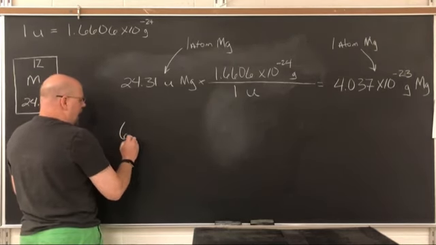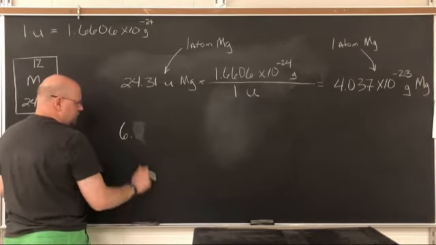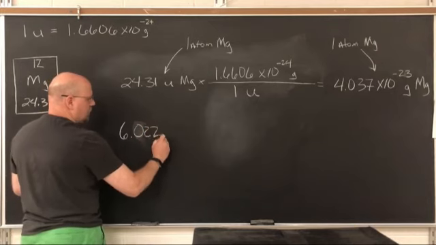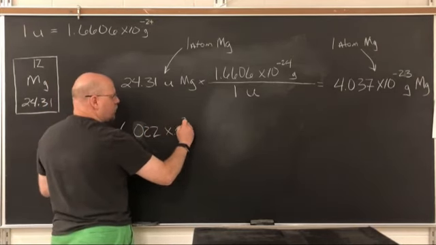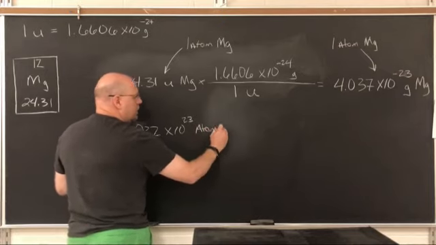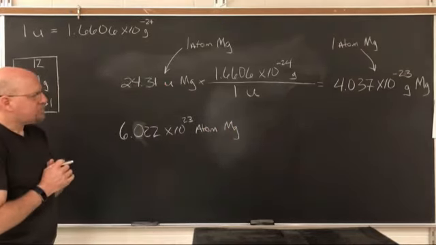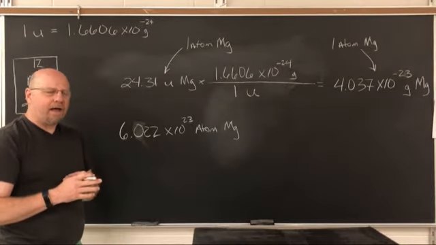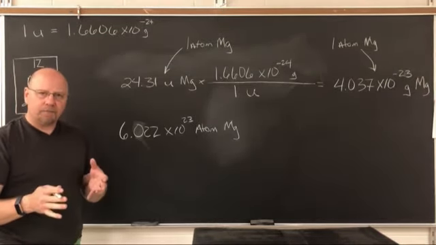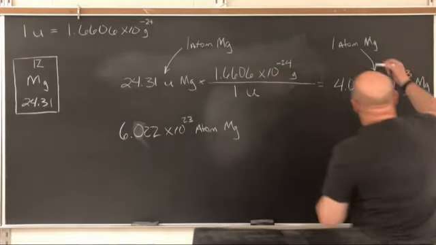If we look at and say, okay, I've got 6.022 times 10 to the 23rd atoms of magnesium, if I want to know how much that weighs in grams, we kind of have a conversion up here on the board.